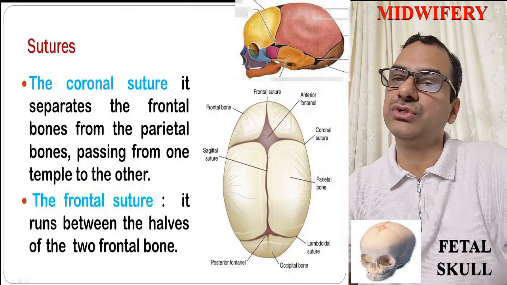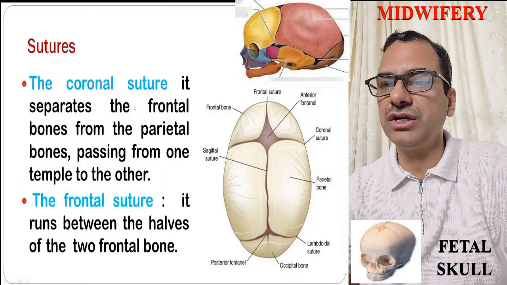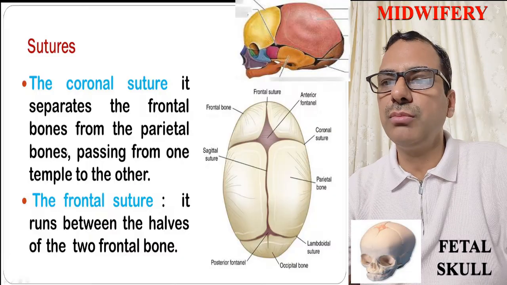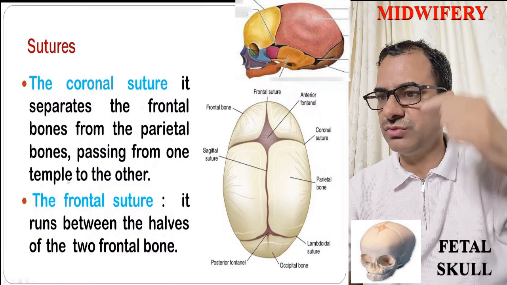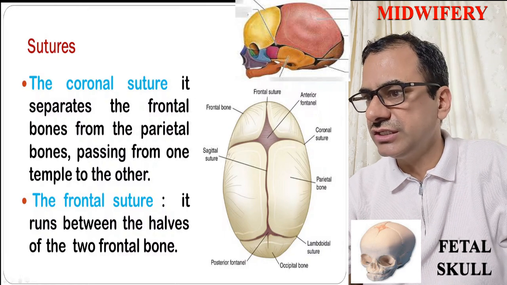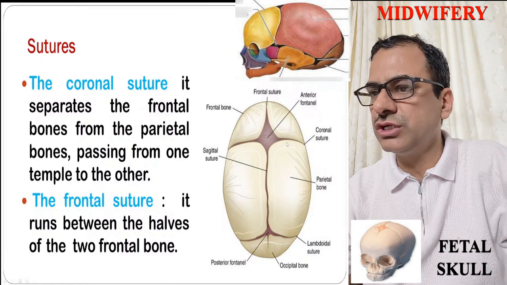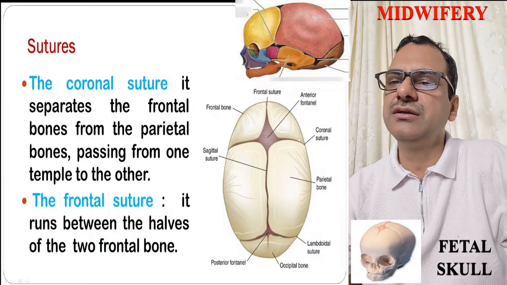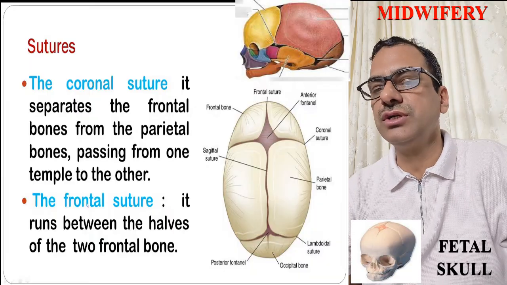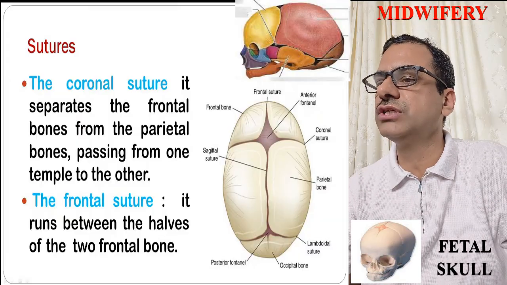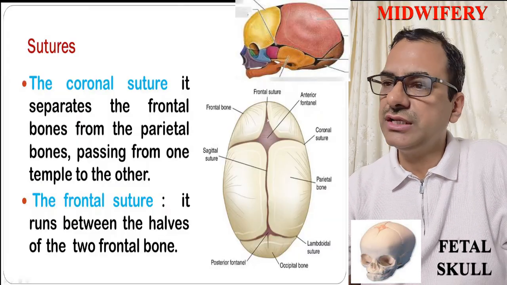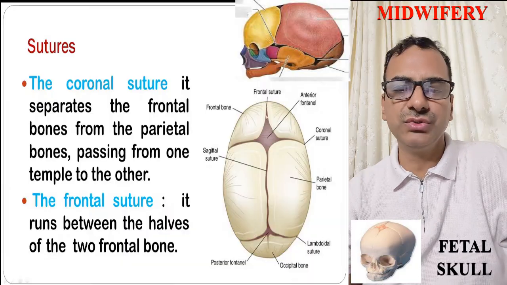Then coronal suture. It separates the frontal bone from the parietal bone, passing from one temple to another. In this picture you can see this is coronal suture. And last is frontal suture. It runs between the halves of the two frontal bones.